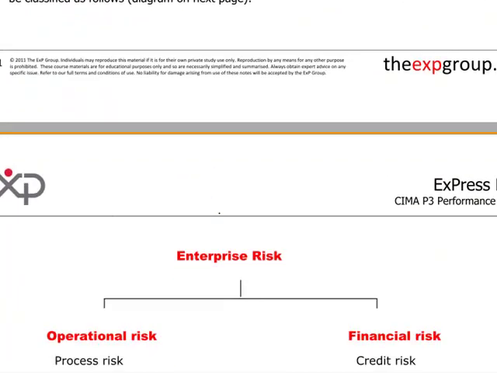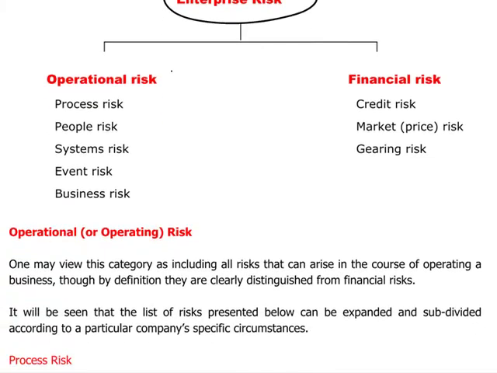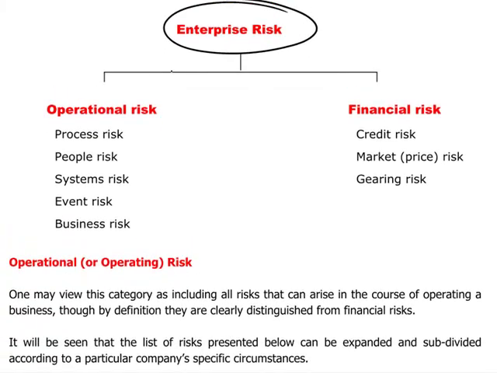Let's look at a basic diagram of the sorts of risks which face a company. We look at this integrally, so we have enterprise risk, and on one side we break down the universe of risks broadly into operational risks and financial risks.